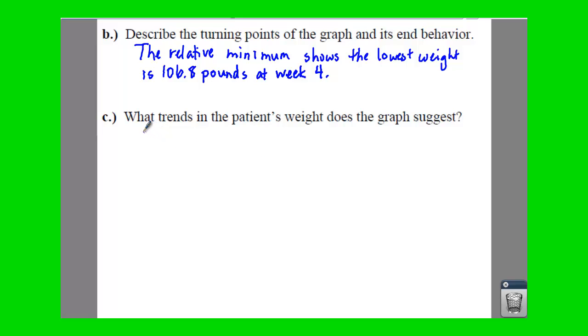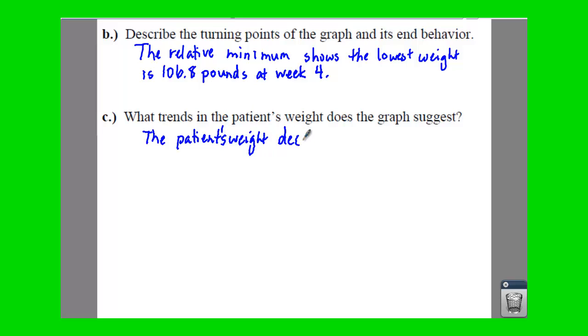What trends does the graph suggest about the patient's weight? Well, obviously, the patient lost weight for the first 4 weeks. Must have started feeling better after that, because then they started gaining weight.